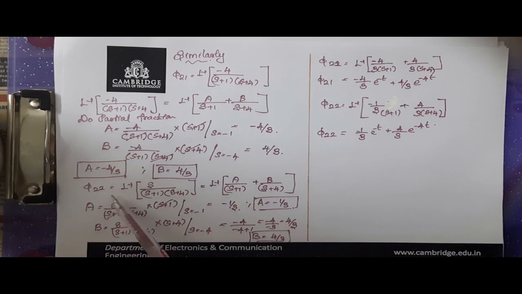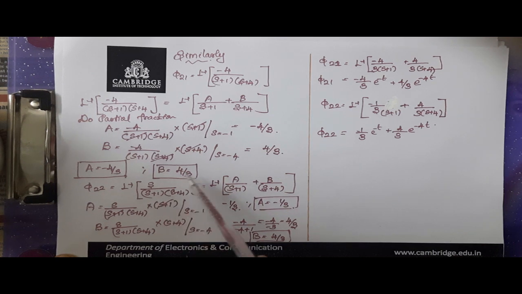And phi 2, 2, again let us follow the same procedure and find L inverse of s by (s plus 1) into (s plus 4), first by doing partial fraction. Once after doing partial fraction, now we have found the expression for a as minus 1 by 3 and b as 4 by 3.